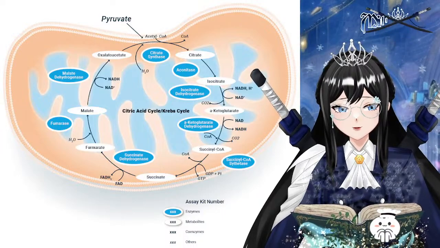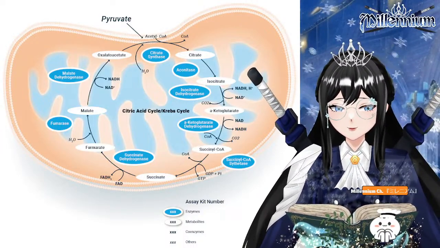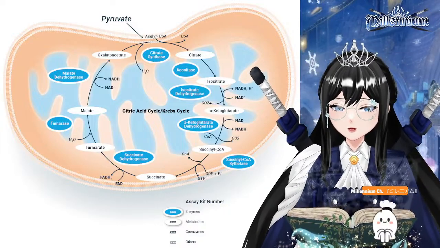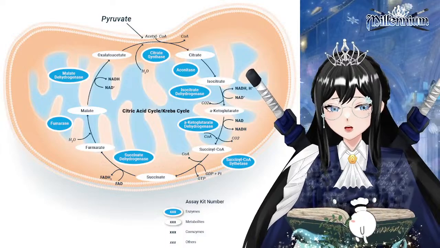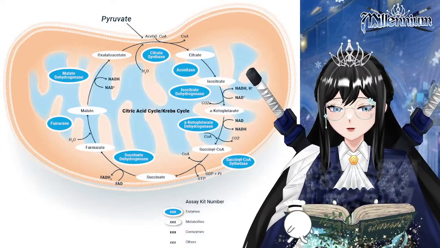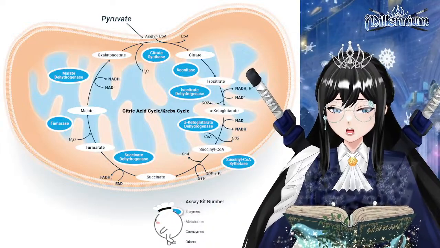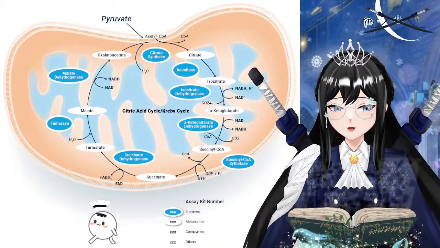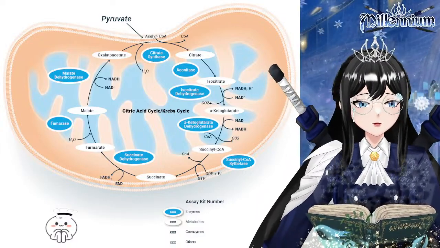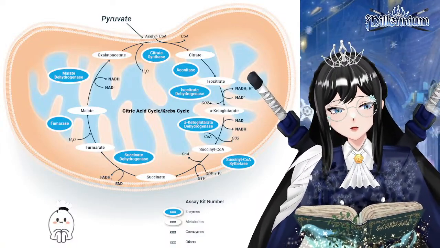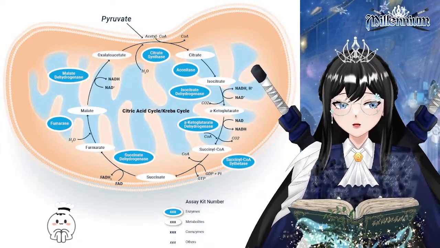What else? Okay, there's another question. Which pair of enzymatic steps in glycolysis carry out substrate-level phosphorylation? That would be the G3P dehydrogenase and the 3-phosphoglycerate kinase. Why? Because it would involve the direct synthesis of ATP from ADP.